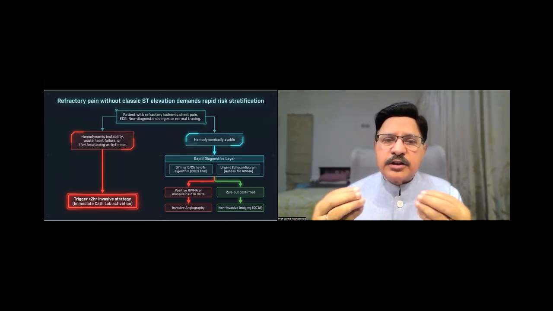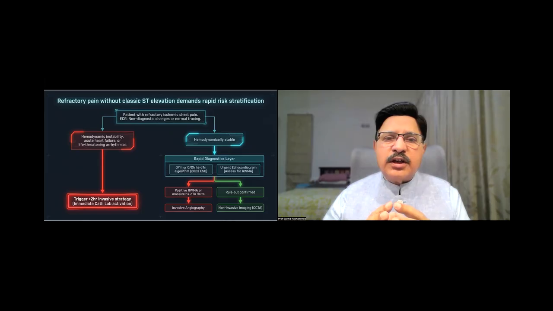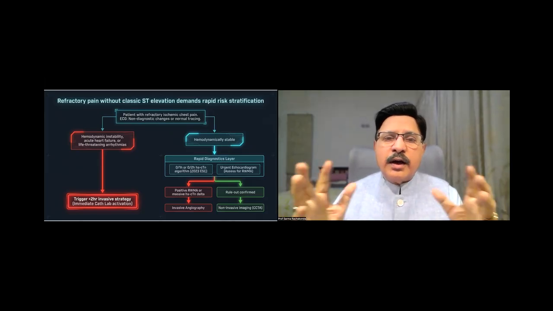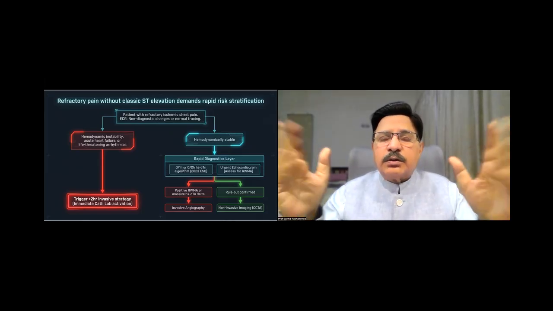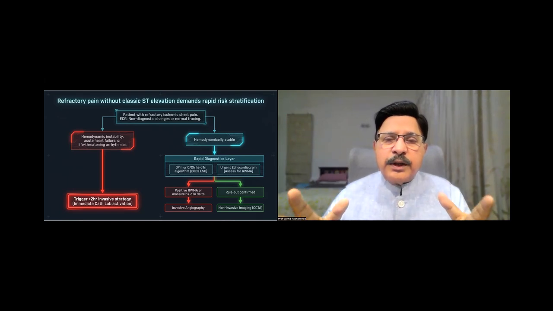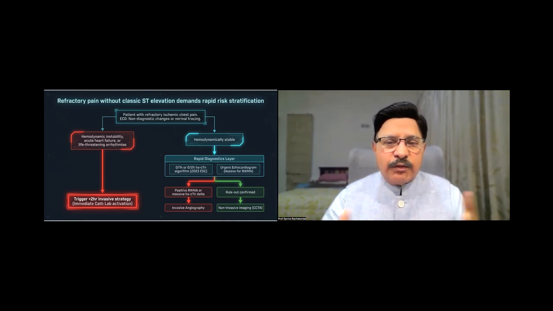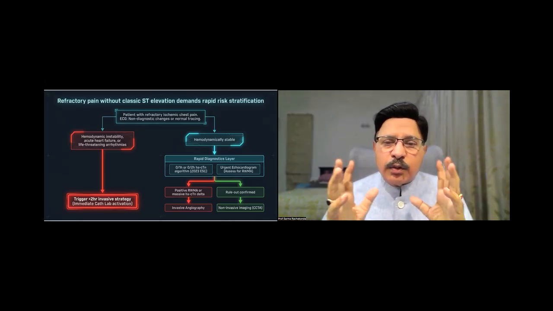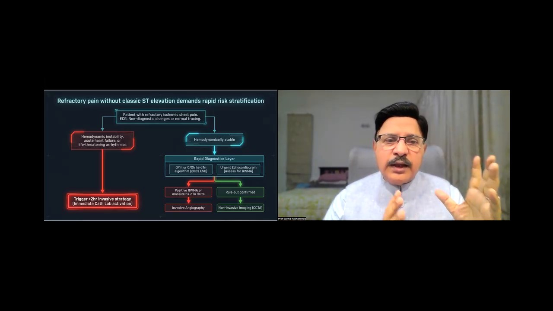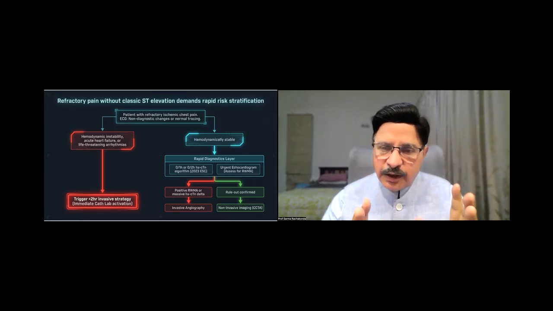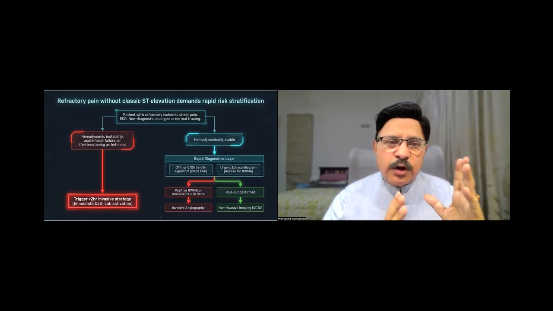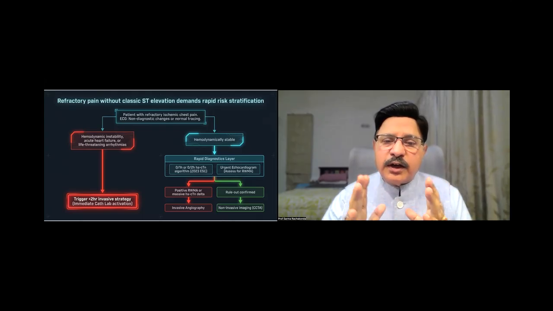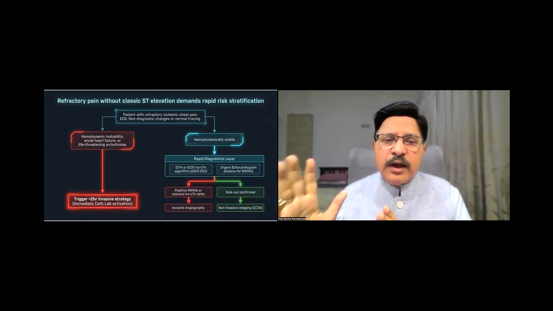Patient with refractory ischemic chest pain, ECG doesn't show ST elevation, what do I do? ECG looks normal and the patient has refractory chest pain even after half an hour. The pain is not regressing. Then the question is the red sign: is there hemodynamic instability? That means is there acute heart failure or life-threatening electrical disturbance, arrhythmia?